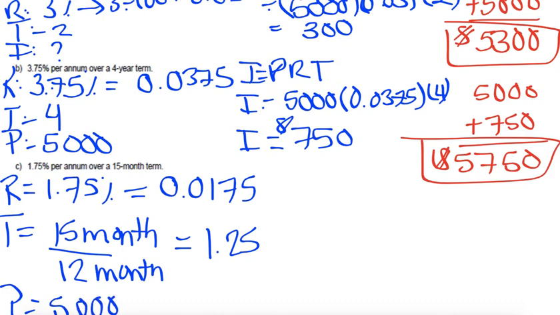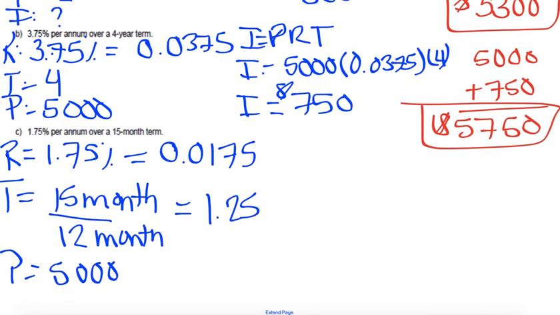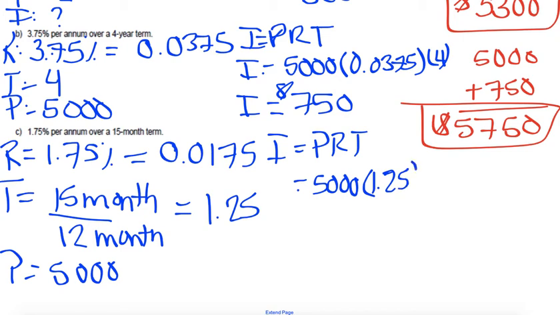Okay, so now I can take all this information and sub it into my formula. I equals PRT. So I've got 5,000 times 1.25 times my interest rate of 0.0175. When I type that all together, I wind up getting an interest of $109.38.